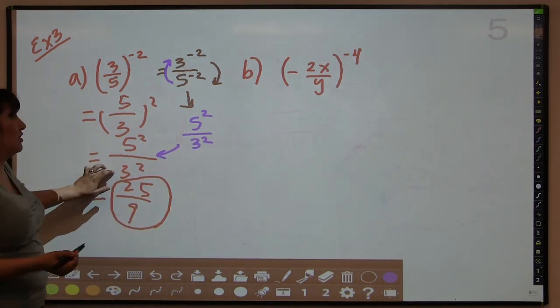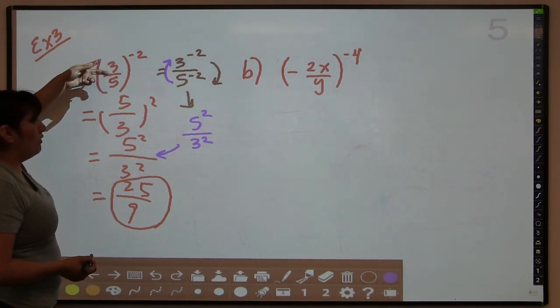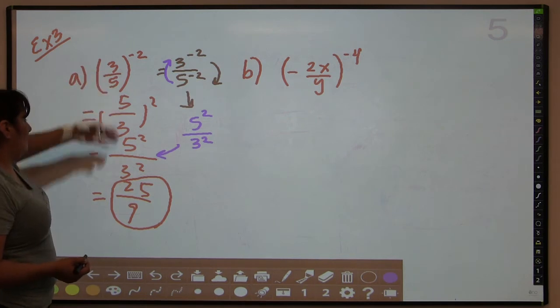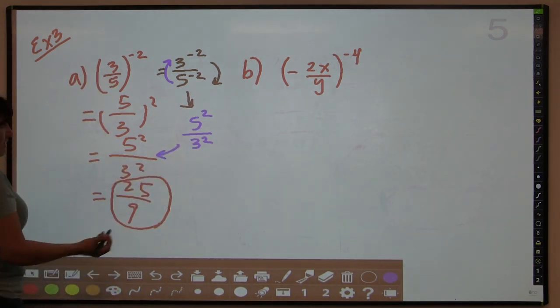He just did it a little bit faster because if you have a fraction with a negative exponent, you can just flip it over from the beginning and then proceed. So at any rate, 5 squared is 25, 3 squared is 9, and that in fact is your answer.